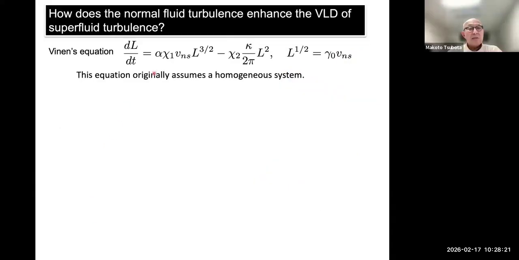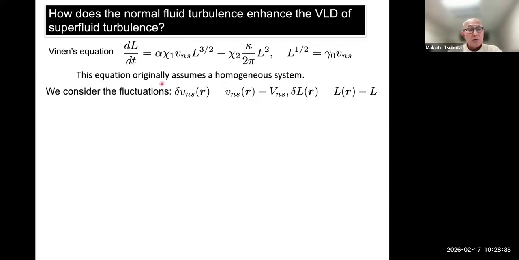So how does the normal fluid turbulence enhance the VLD of superfluid turbulence? We come back to the Vinen equation. The original Vinen equation supposed a uniform, homogeneous system. But we consider the fluctuation of the velocity and the fluctuation of the vortex line density, VLD.